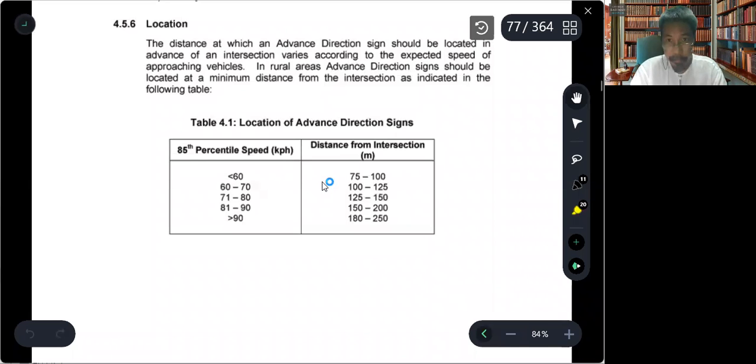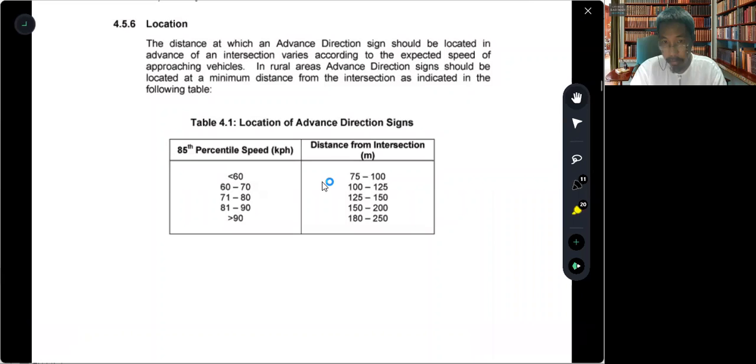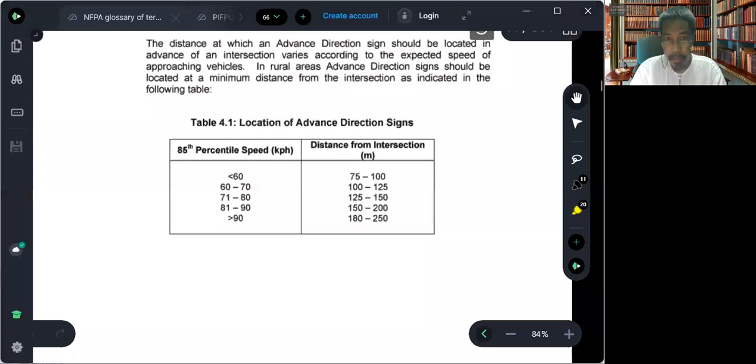What is the 85th percentile? It depends, but you can estimate the 85th percentile of 80 kilometers would be about 60 something or 70, about 70.